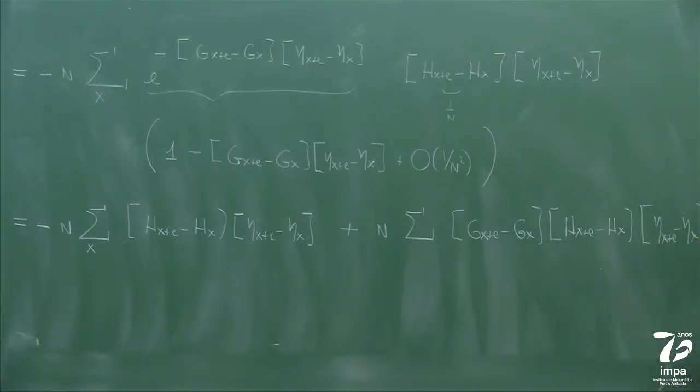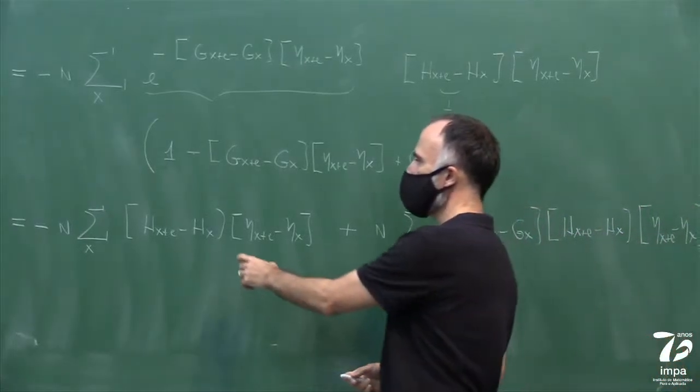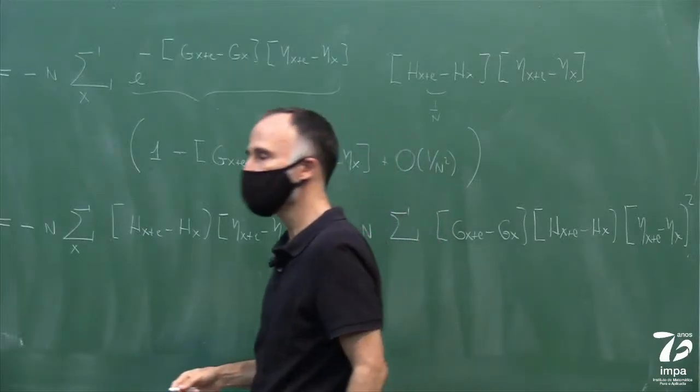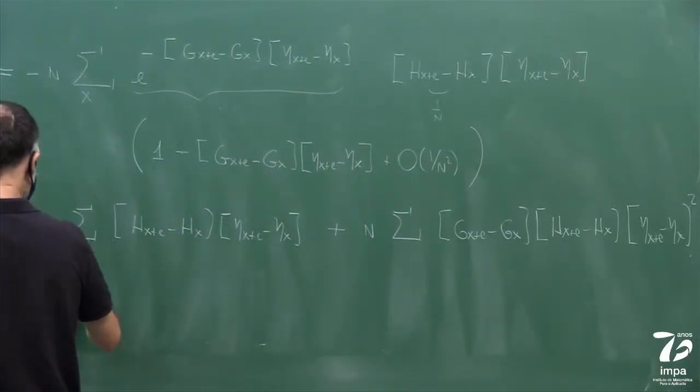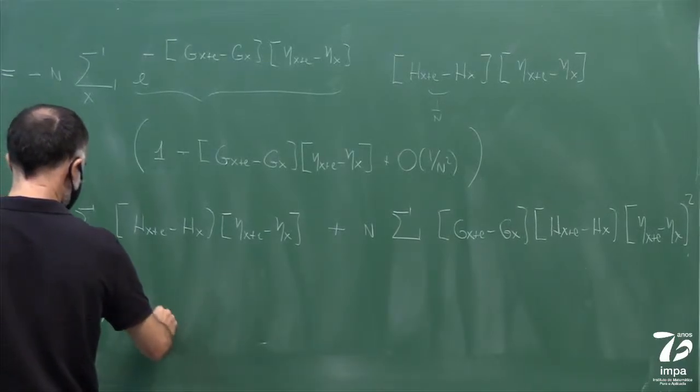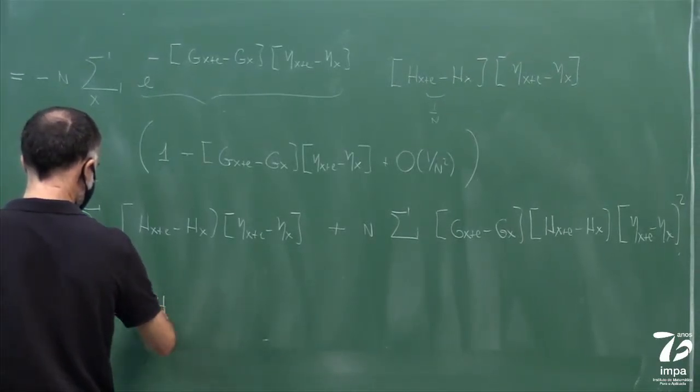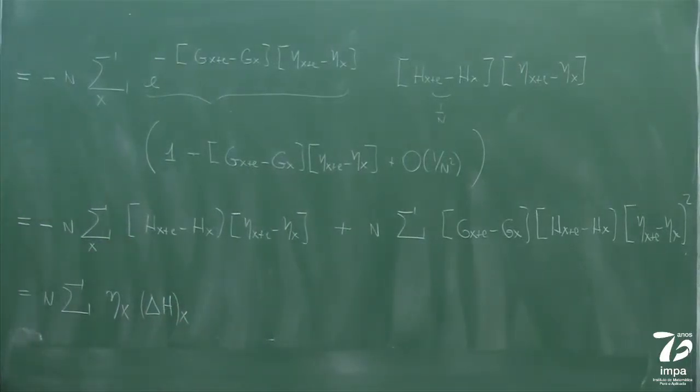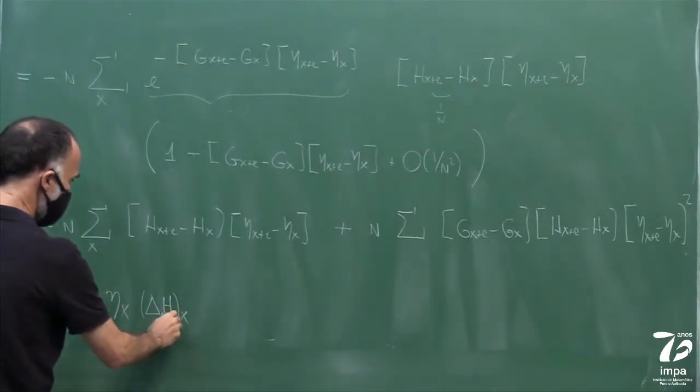Okay. So here, you remember what we do is we integrate by parts, and that gives me eta x times the Laplacian of h at x, the discrete Laplacian.